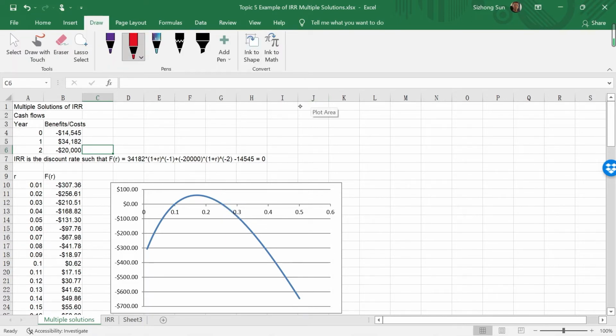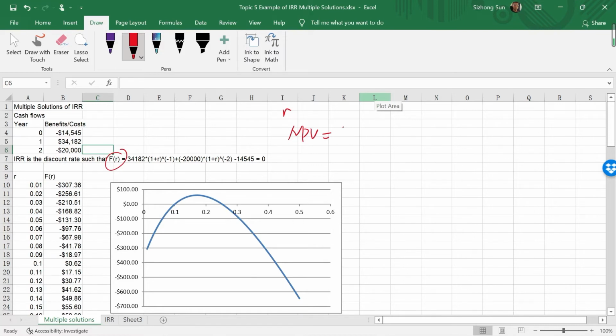So let's use R to denote IRR. IRR makes the NPV equal to 0, right? So the associated NPV is equal to this: discount the year 1 cash flow and year 2 cash flow back.